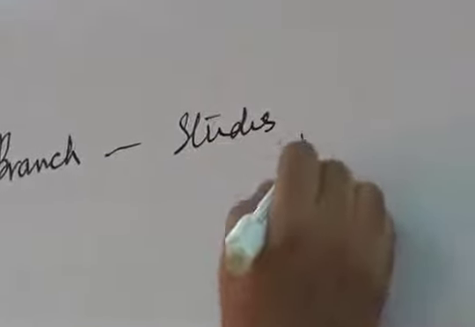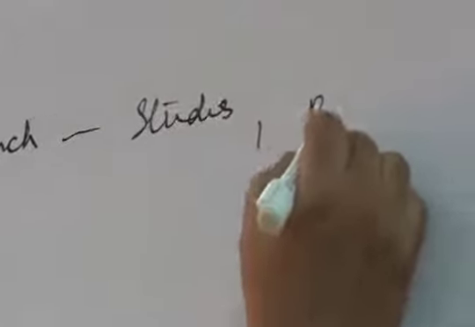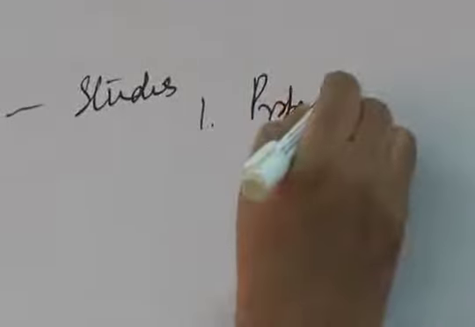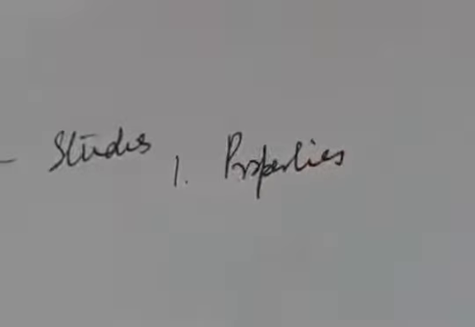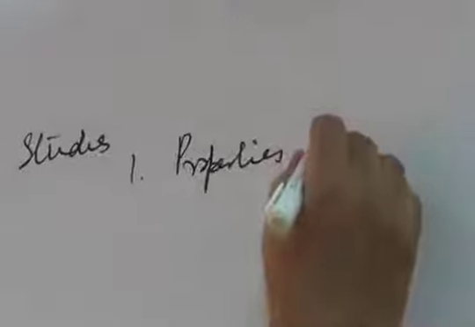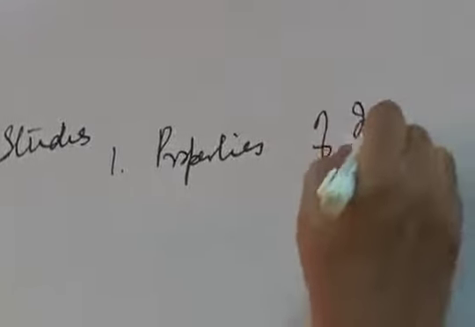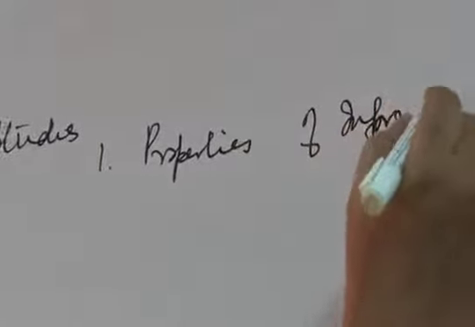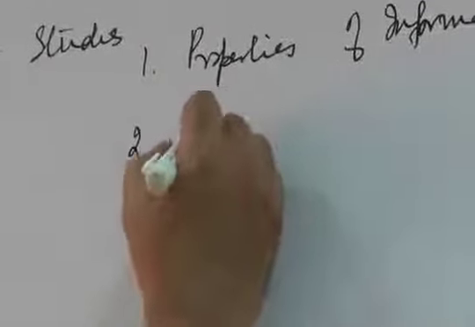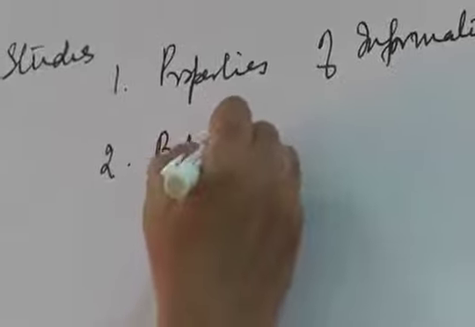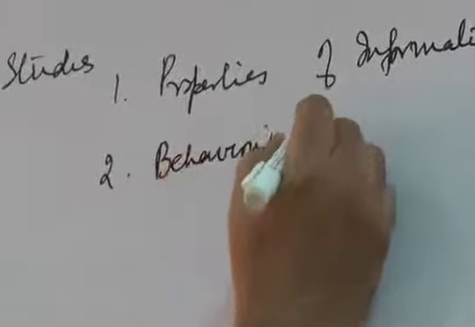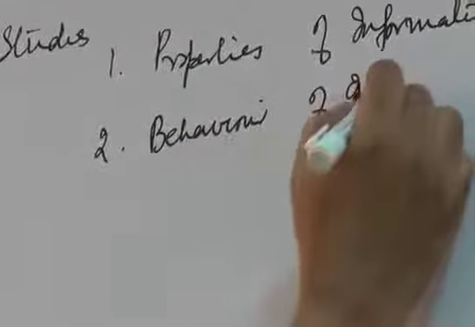Two things. One, properties or characteristics of information. Properties and then the behavior of information.